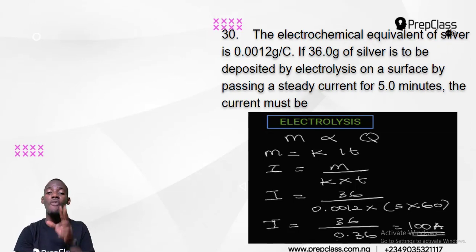Physics somehow focuses its analytic questions on the first Faraday law. That means this formula, M is directly proportional to Q, can help you answer any question in physics on electrolysis. So if you know it, you'll be very good with any physics question on electrolysis.